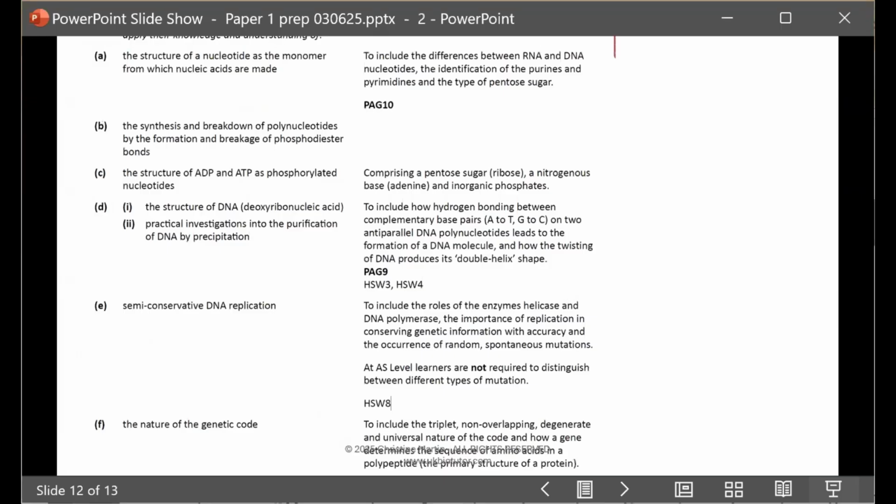So if you look here, the only one that they are actually expecting you to know is semi-conservative replication, and to understand how that actually works.